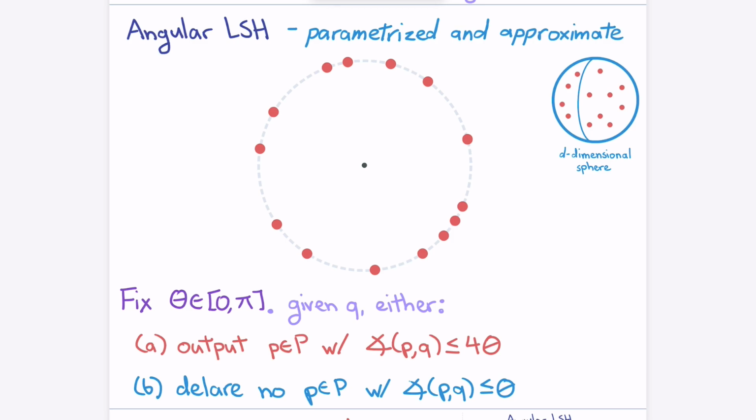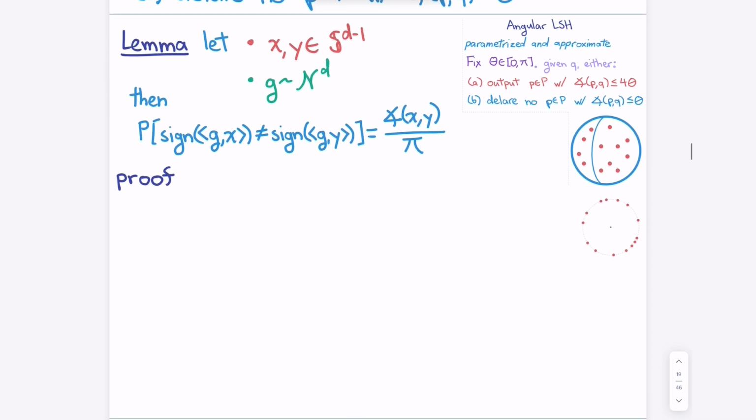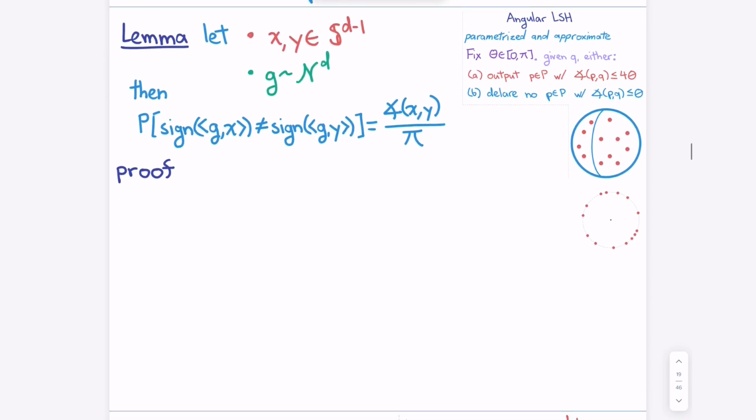So you all know the algorithm, and I didn't really explain it algebraically, but basically, one way to generate a random direction is to sample a random Gaussian.